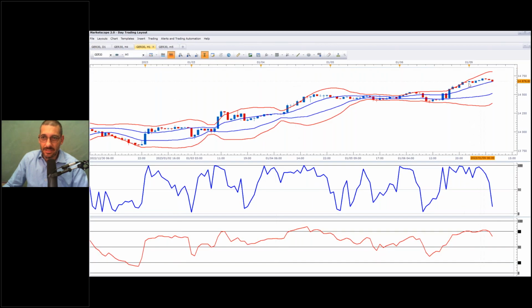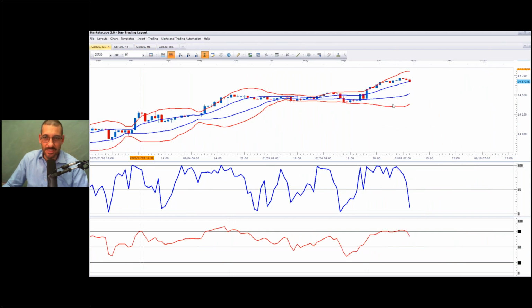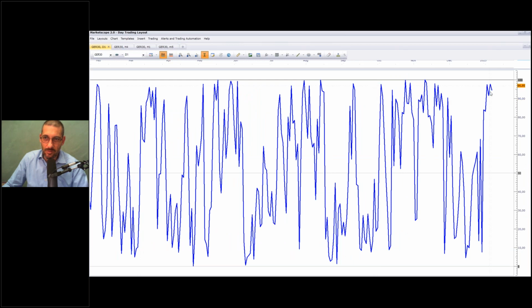It seems to be pushing into the middle, which is our neutral area. So I'm a bit surprised here. I would have wanted the fast stochastic to be pointing up.